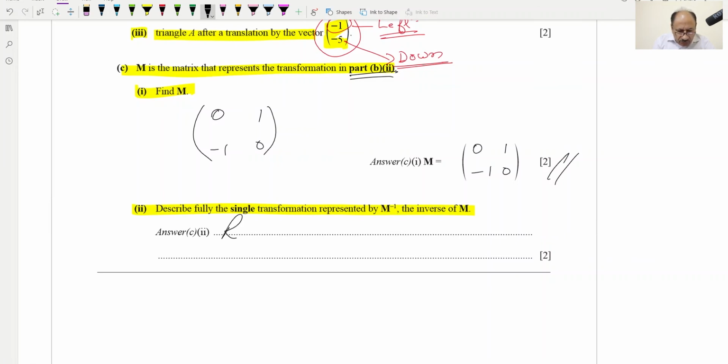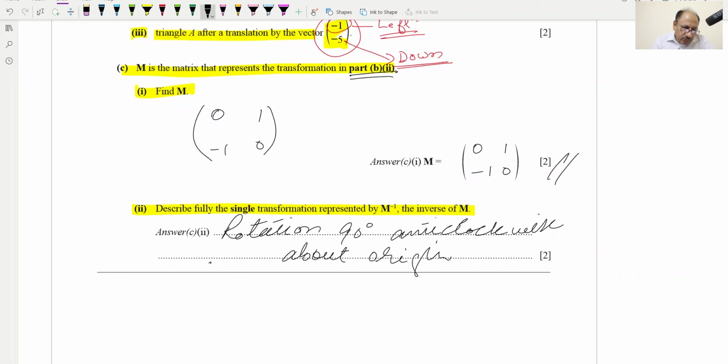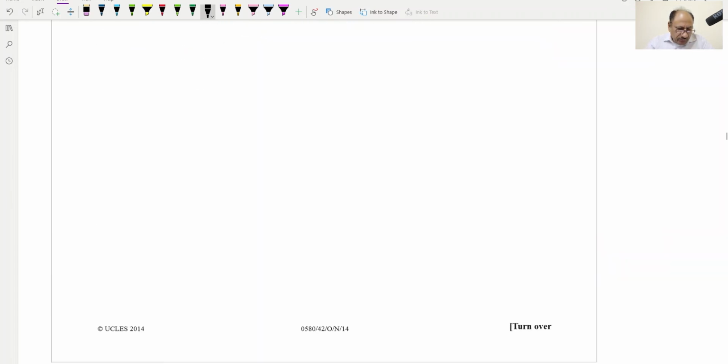You can write rotation 90 degree, and that will be anti-clockwise about origin. And the matrix also you can mention 0, -1, 1 and 0. That will be the matrix, and this is basically the 2 marks part, which we are done with.